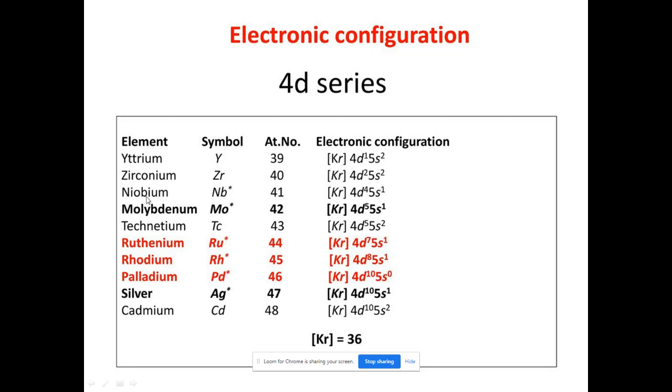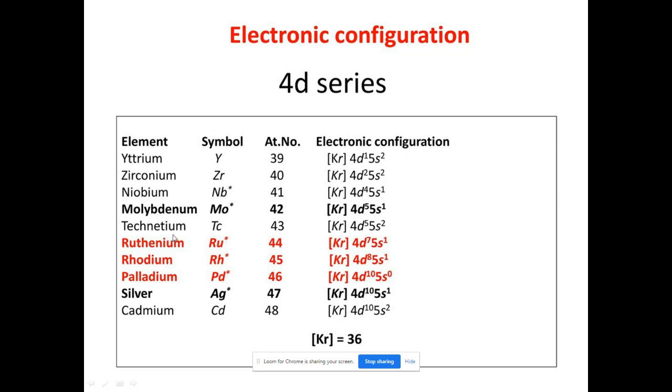The next element is niobium, whose atomic number is 41, electronic configuration is krypton 4d4 5s1. The next element is molybdenum with the symbol Mo, atomic number 42, electronic configuration is krypton 4d5 5s1.